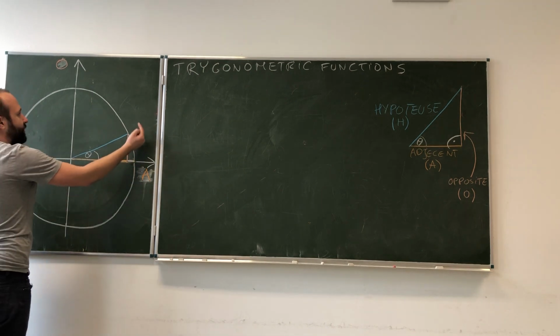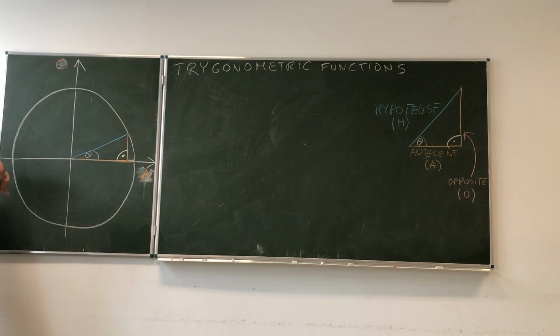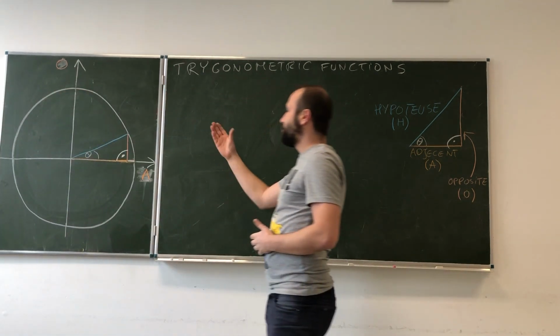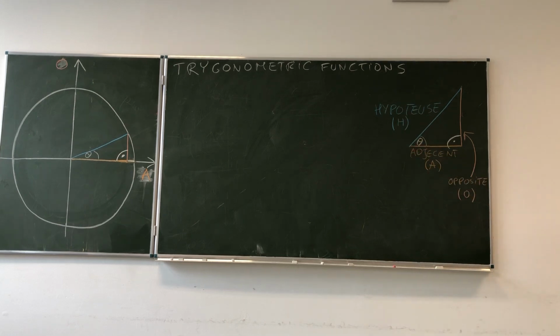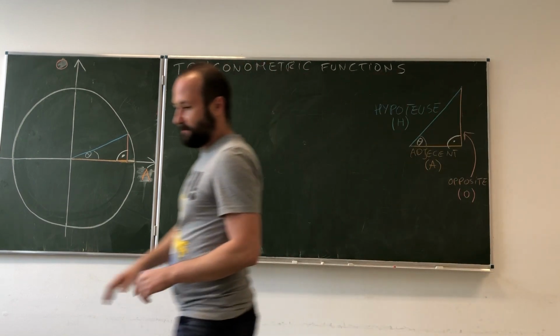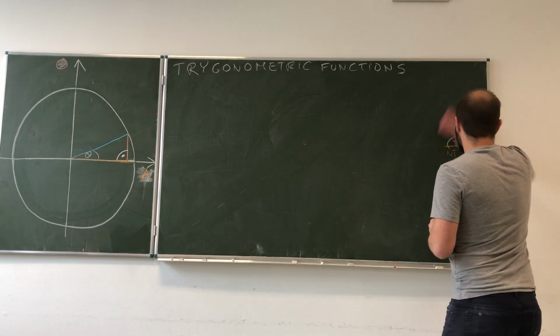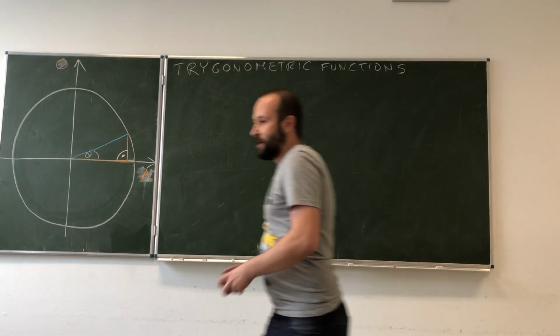So we are going like that. What is interesting to us is how different ratios of the sides within the circle are going to behave. Okay, and to this end, we're going to start with the sine function.